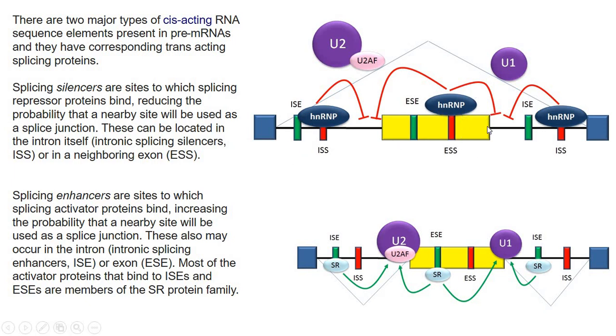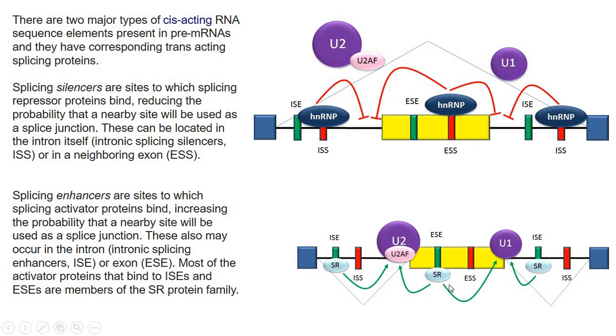And these will then inhibit the splicing at that particular point. So this can inhibit splicing here. That means if this didn't get spliced out, this sequence will be different from its normal sequence.